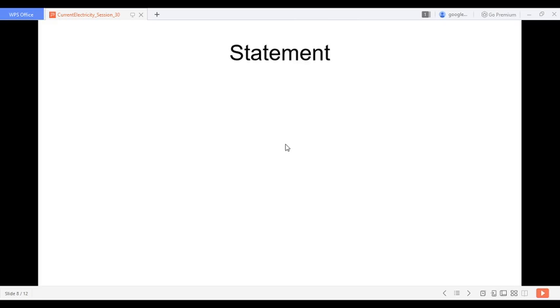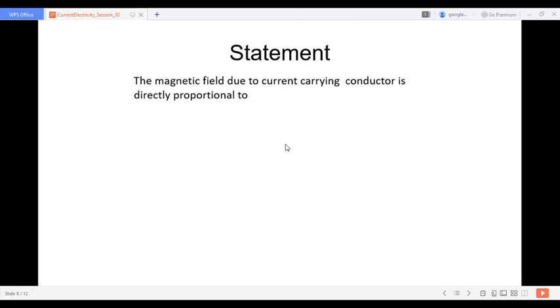Statement of Biot-Savart's law. Actually, Biot-Savart's law is an equation describing the magnetic field generated by the constant electric current.